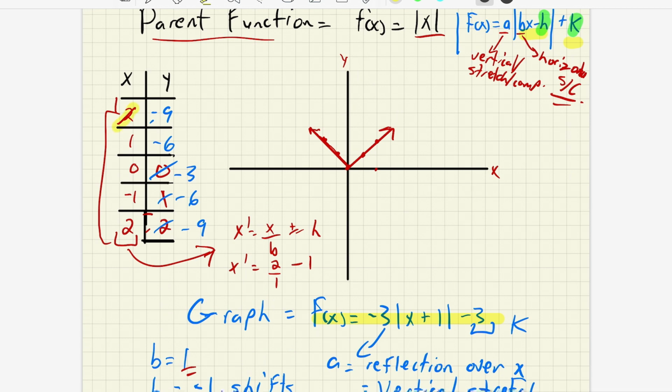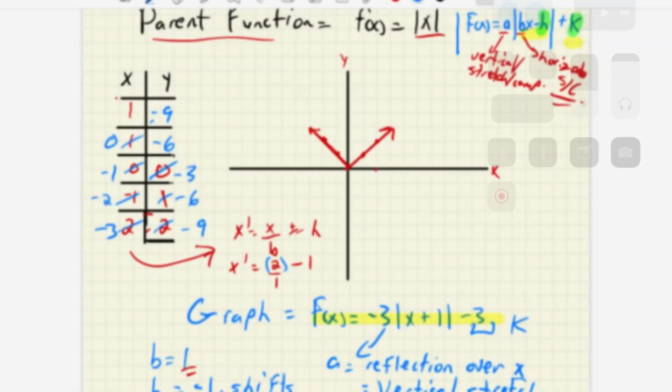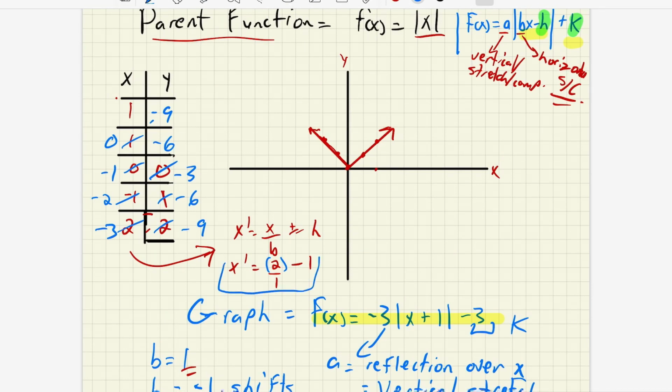So I'm going to cross out the first value and put 1. Okay. And I'm going to apply this formula to the rest of the x values. And so applying this algorithm to each of these points, I end up getting 1, 0, negative 1, negative 2, and negative 3. So now what we're going to do is plot each of these and see what our transformed function looks like.